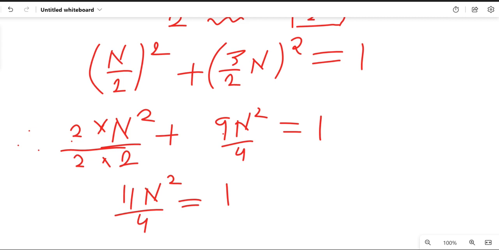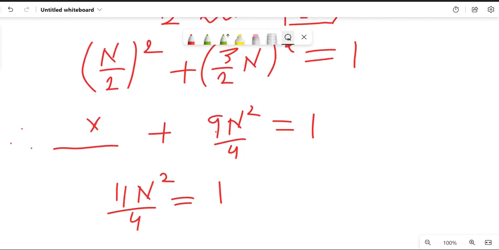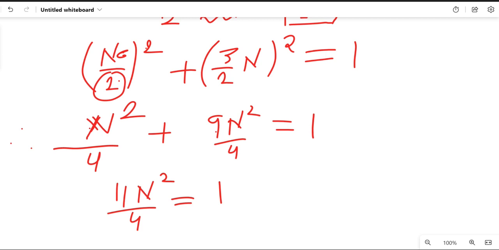Okay, here I made a mistake, I think. Very sorry, I didn't square here. Look here: N means N square, and here 2, and 2 square will be 4. So here only 10 remains, 9 plus 1, 10 N square by 4.